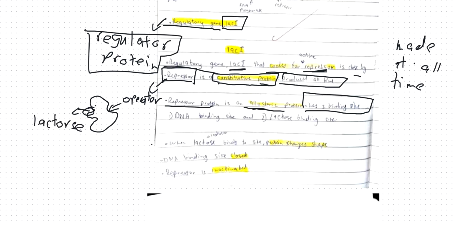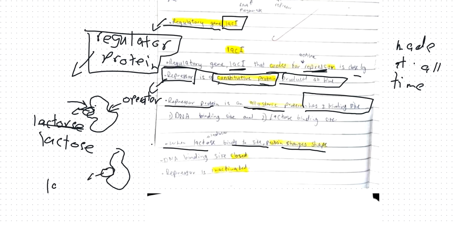And the second binding site is where lactose would bind. When lactose binds to the site, the protein changes shape. So if you have lactose present, it binds to this regulatory protein, and the protein changes shape.